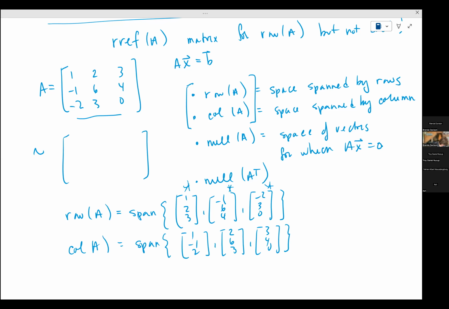Let's just say we get something that looks like this: 1, 0, 1, 0. I don't know what this row reduction looks like. I'm making these numbers up. Okay, it row reduces like that. What does that tell me?